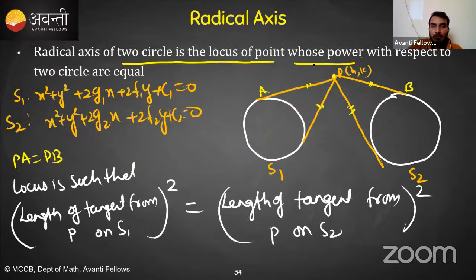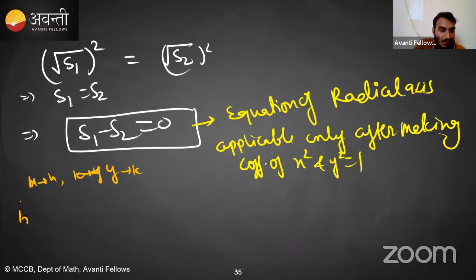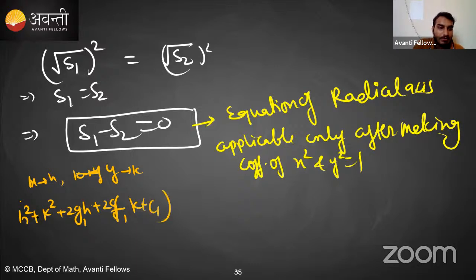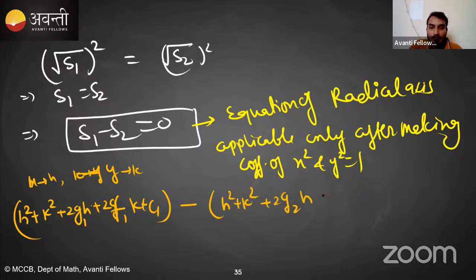When you put h comma k, S1 is h square plus k square plus 2g1h plus 2f1k plus c1, minus h square plus k square plus 2g2h plus 2f2k plus c2, equal to 0.